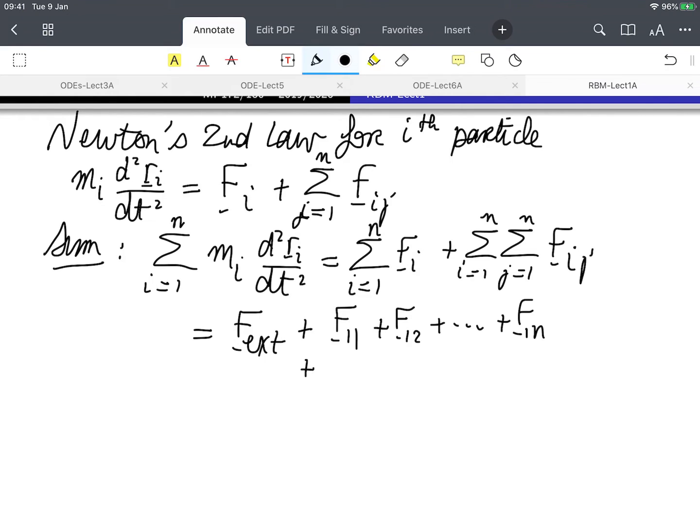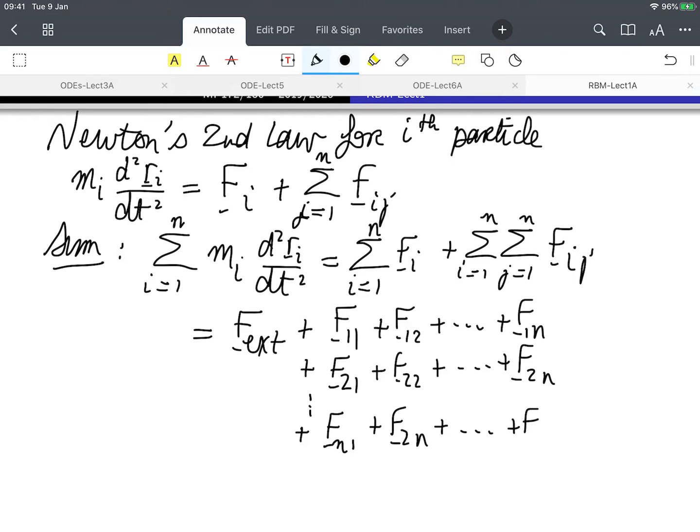Then I take i equals 2, F21 plus F22 plus blah, blah, blah, F2n, and so on and so forth, all the way to the nth particle. So it's going to be Fn1 plus Fn2 all the way to Fnn.